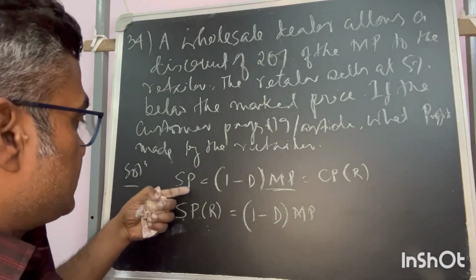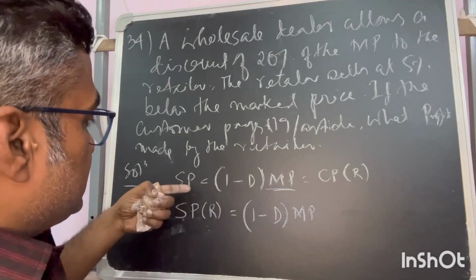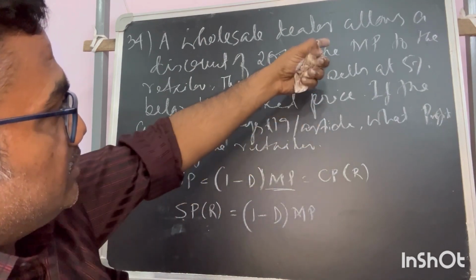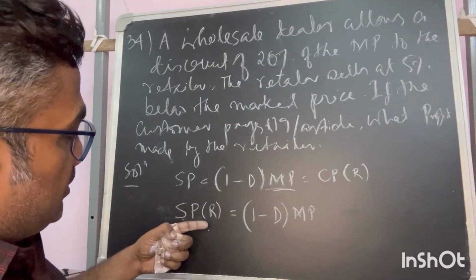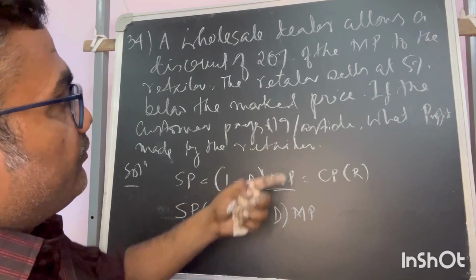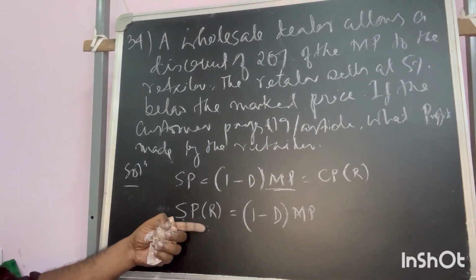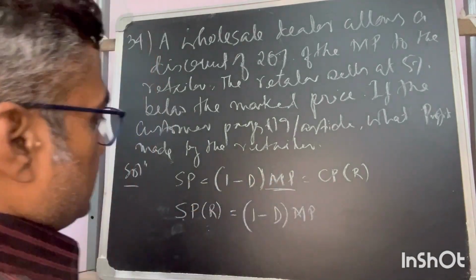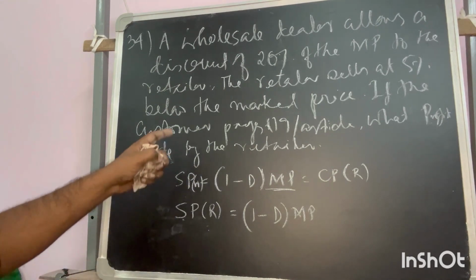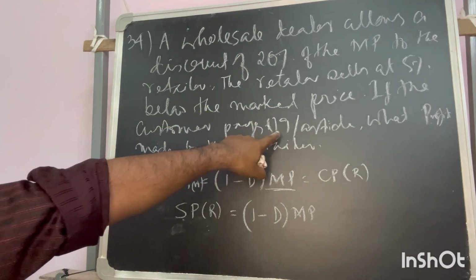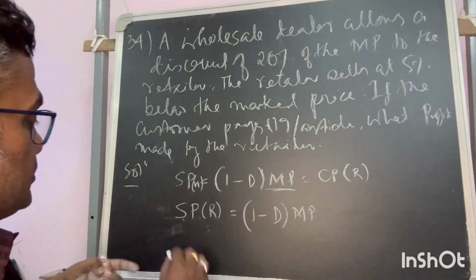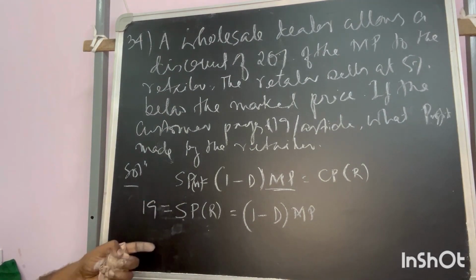Now this is his cost price, the selling price of the wholesaler after discount on the mark price. But the retailer is taking the reference of the mark price, keeping the same mark price and giving a 5% discount. So that would be his selling price. This would be the cost price. Now if a customer pays 19 per article, so the customer who is buying from the retailer is paying 19. So this can be treated as 19.